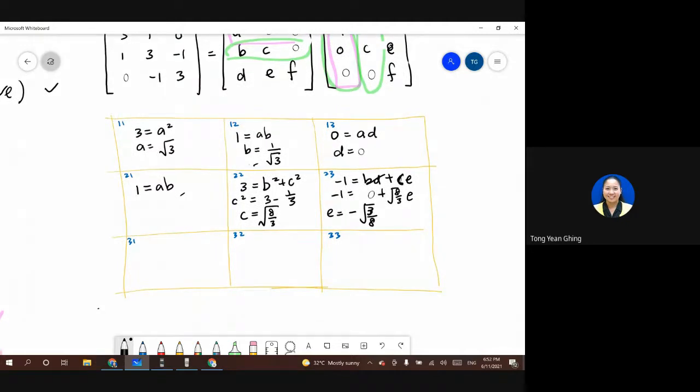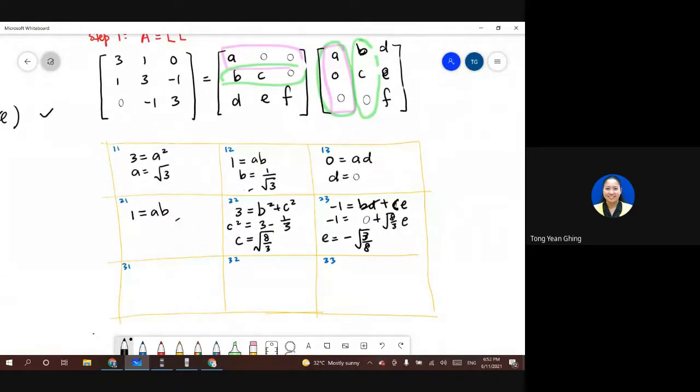Okay, and then 3, 1, 0 equals AD. So this one no need to solve, because we already have D equal to 0. And then negative 1 equals BD plus CE. This is the same as before, so we don't need to find it again. So go to the third one. 3 equals D square plus E square plus F square.